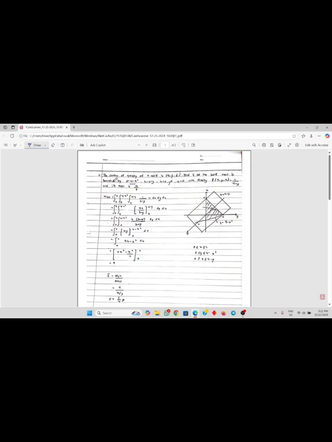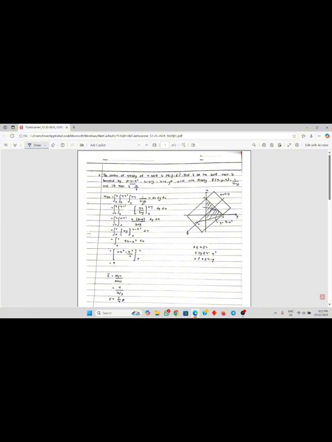Question number 3. The center of gravity of a solid is x bar, y bar, z bar, of the solid that is bounded by y equal to 4 minus x squared, z equal to 4 minus y, x equals 0, y equals 0, and z equals 0, with the density delta of x, y, z equal to 1 over 4 minus y, and its mass is 16 over 3.